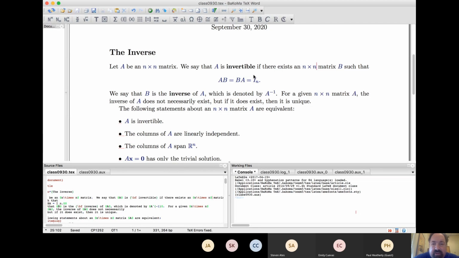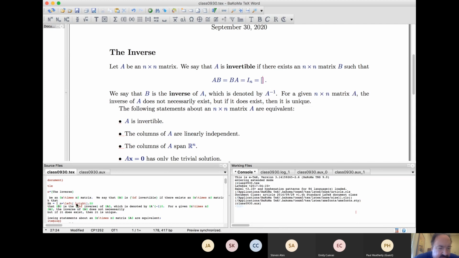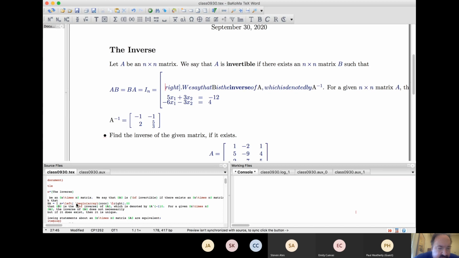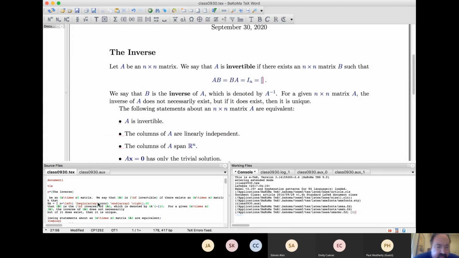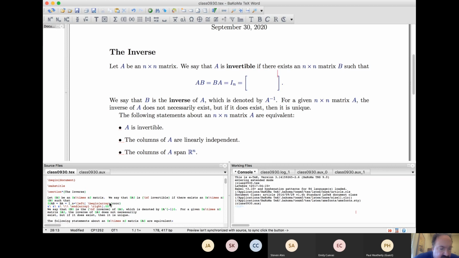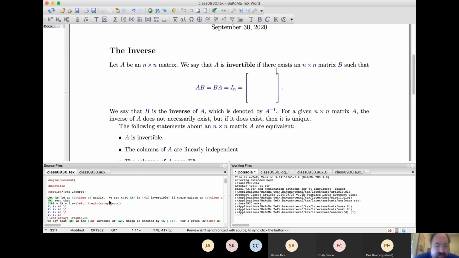And recall that the identity matrix is the matrix that has all ones down a diagonal and zeros everywhere else.